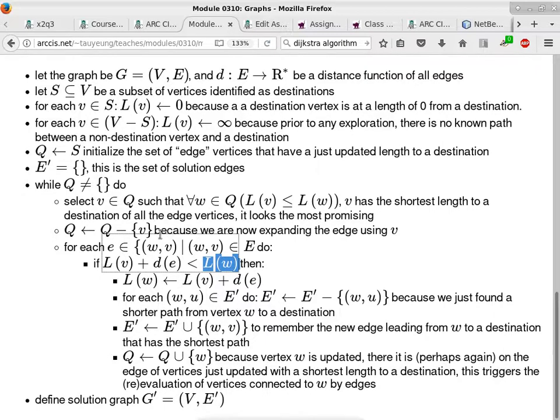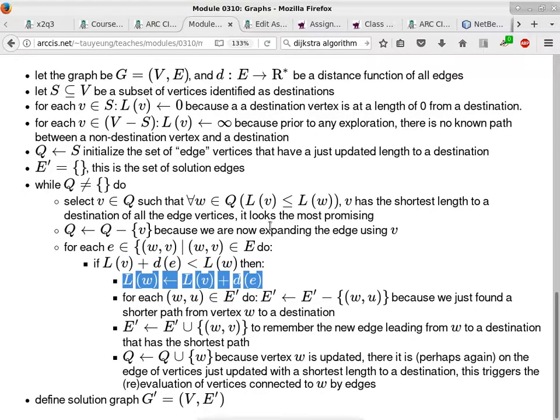So what do we do when we find a shorter path? We do a whole bunch of stuff. The first thing we do is we correct the function itself. In other words, we correct ourselves and go like, yeah, we thought that was the shortest path, but it's not. We stand corrected. The length of the shortest path from W to the closest destination is now this number. Is that making any sense?